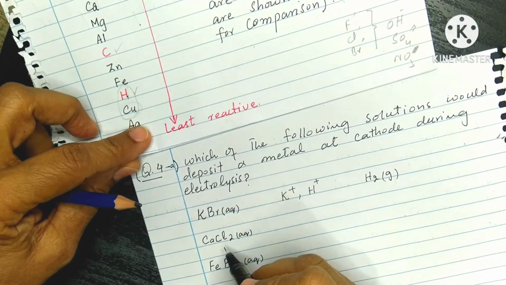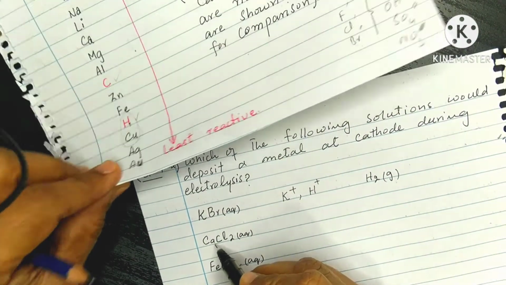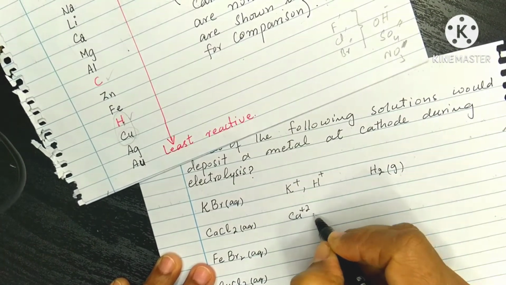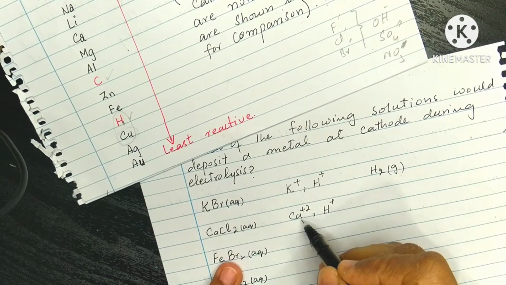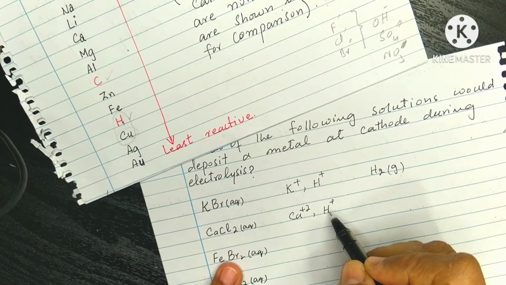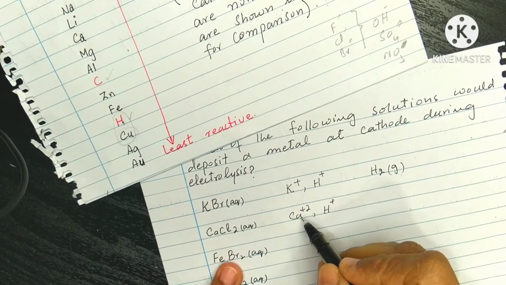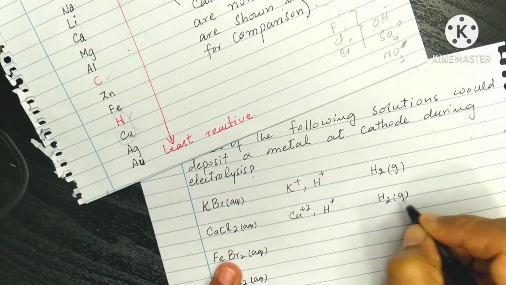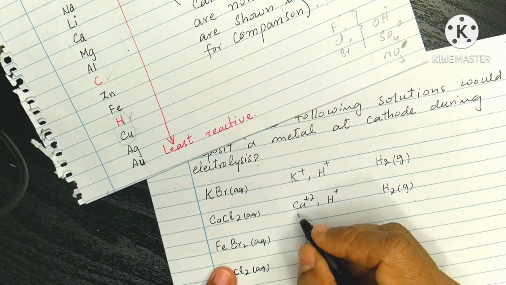In the case of calcium chloride, we compare calcium and hydrogen. Calcium is above hydrogen, so hydrogen is less reactive than calcium. So hydrogen gas will be released at the cathode, and calcium ions will remain in the solution.